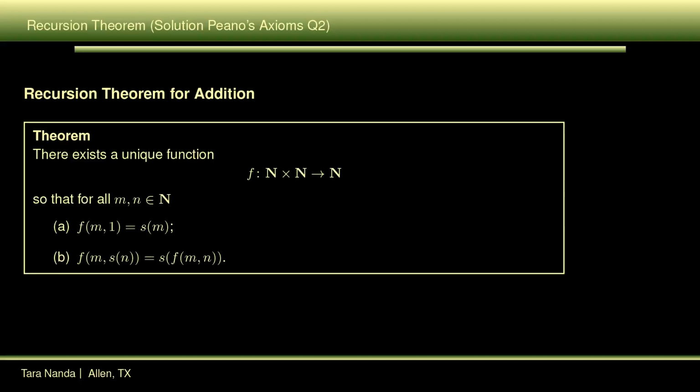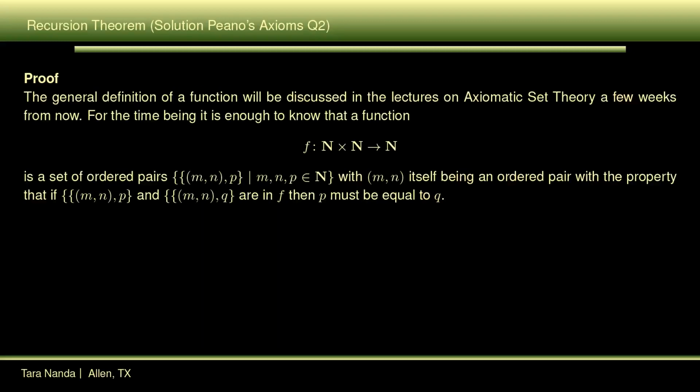Recall that little s is the successor function, and (b) f(m, s(n)) is equal to the successor of f(m, n).